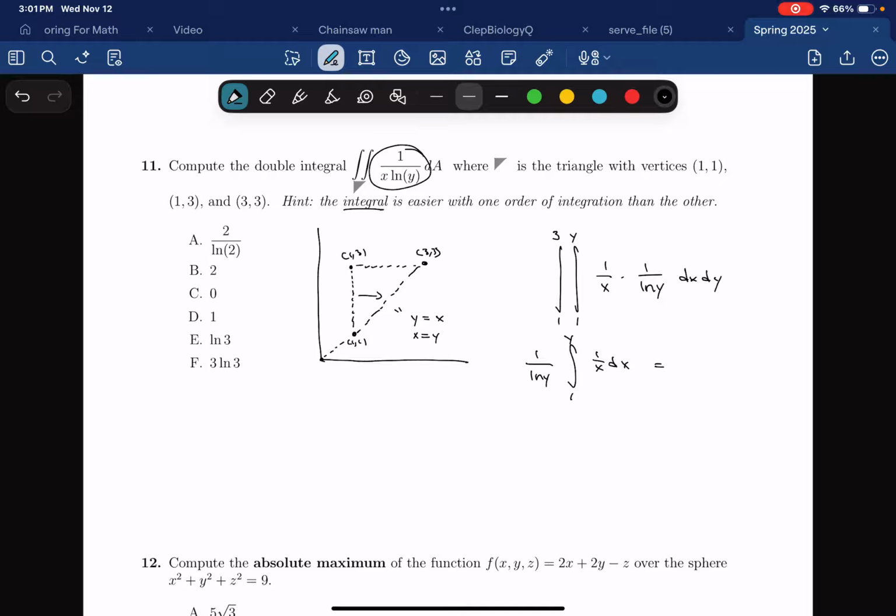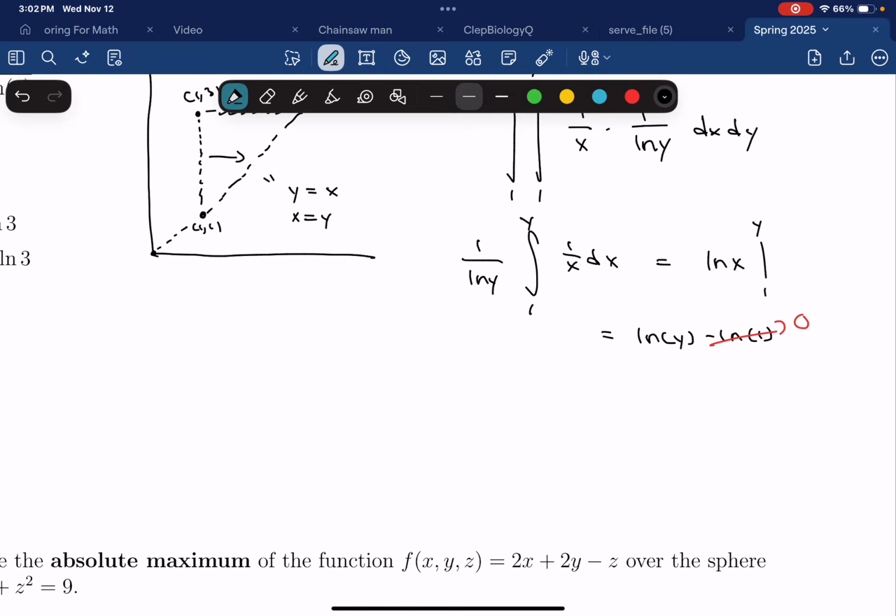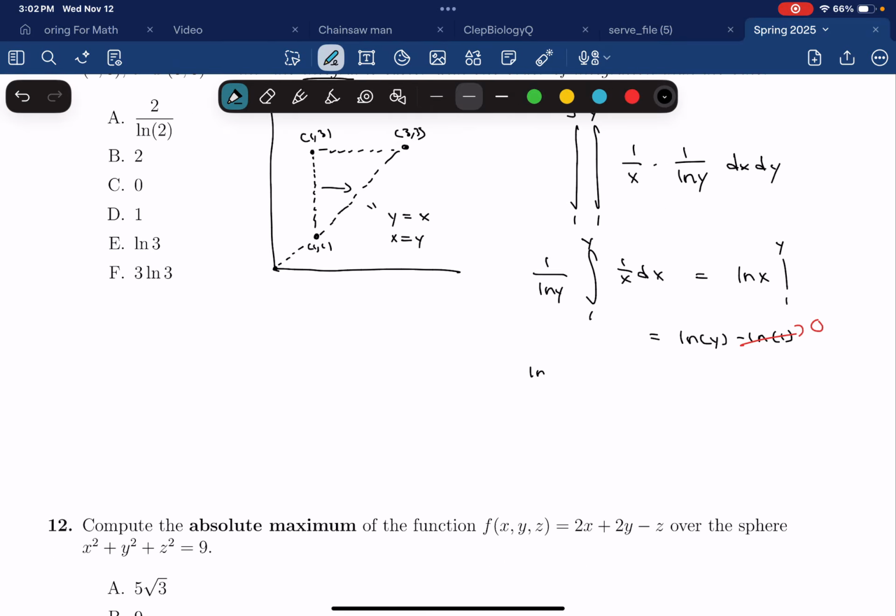That simply integrates into natural log of x from 1 to y, which gets you natural log of y minus natural log of 1, which, as we all know, is equal to 0. So we multiply it back in, where natural log of y over natural log of y is just simply equal to 1.